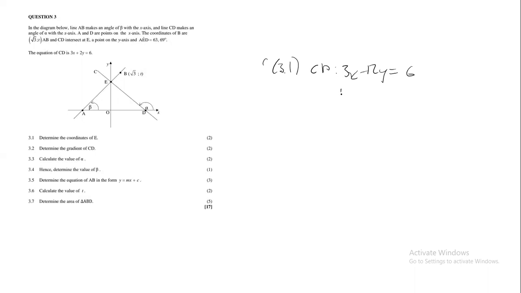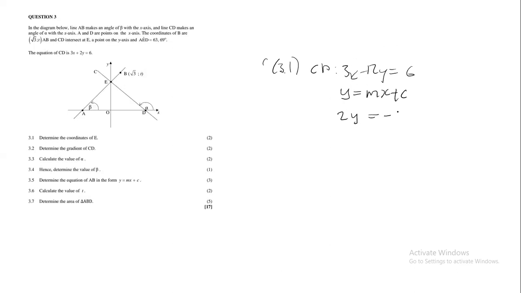The standard form of a linear function is y = mx + c. That means we're going to write this equation in this form. We make y the subject of the formula. We have 2y = -3x + 6, transposing 3x to the other side.